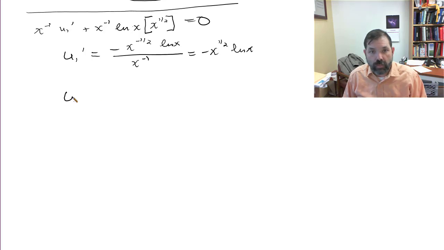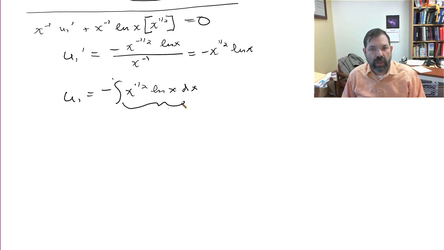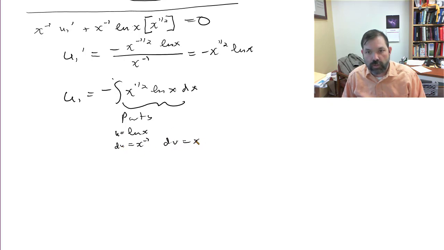So then u1 would then be the negative antiderivative of x to the 1/2 power natural log x dx. And here if you use integration by parts, I would use integration by parts with u equal to natural log x. So then du is x to the negative first, dv is x to the 1/2 dx, and so then v is 2/3 x to the 3 halves.